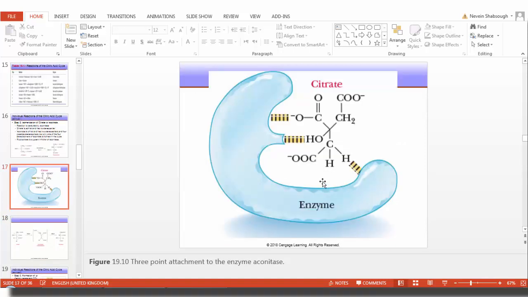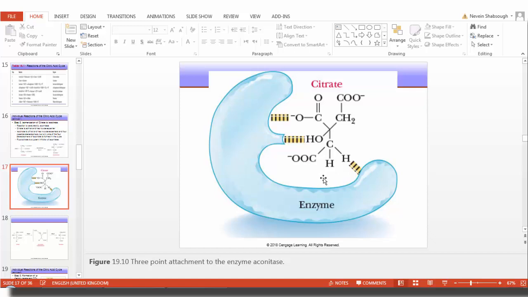Now, if we look at this figure, which shows us the 3-point attachment to the enzyme, aconitase makes the 2 groups CH2COO and CH2COO stereochemically non-equivalent. Actually, what happens is that the enzyme forms an unsymmetrical 3-point attachment to the citrate molecule, as is shown here in this figure.